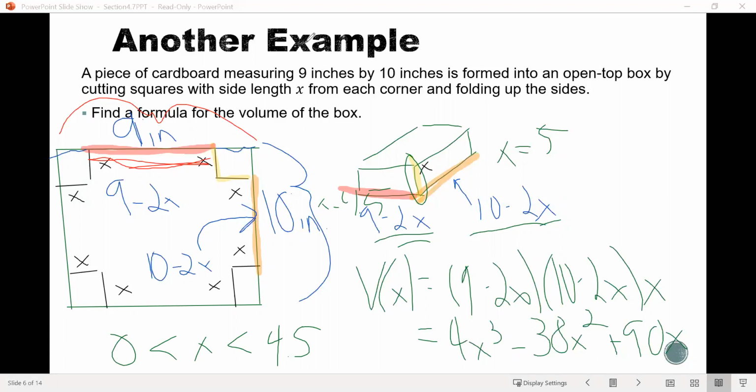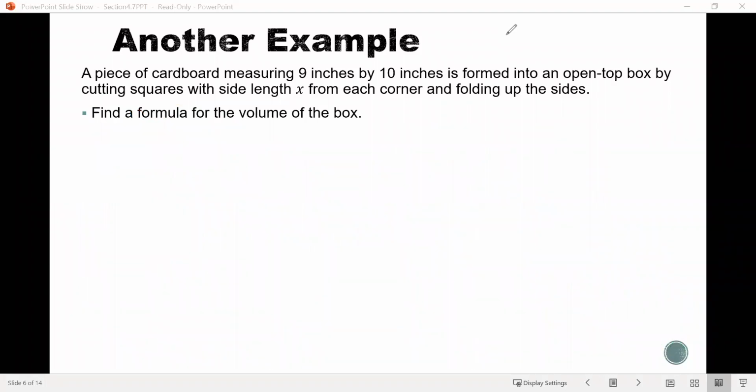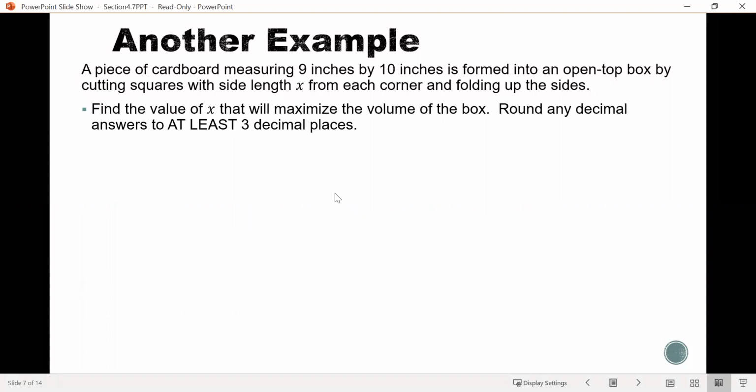Okay? All right, and as you can imagine, we want to try to maximize the size of the box. So the next thing is to find a value of x that will maximize the volume of the box. They want us to give our answers with at least 3 decimal places.